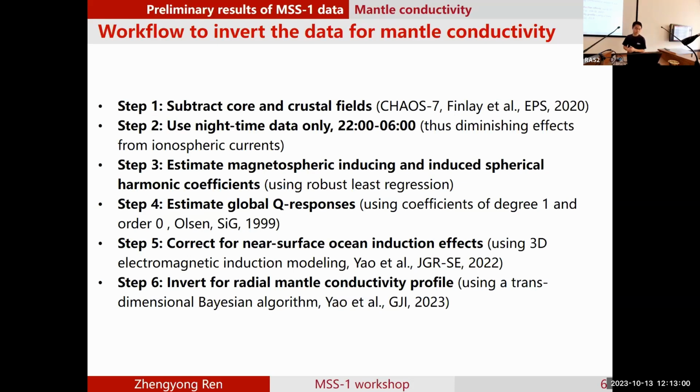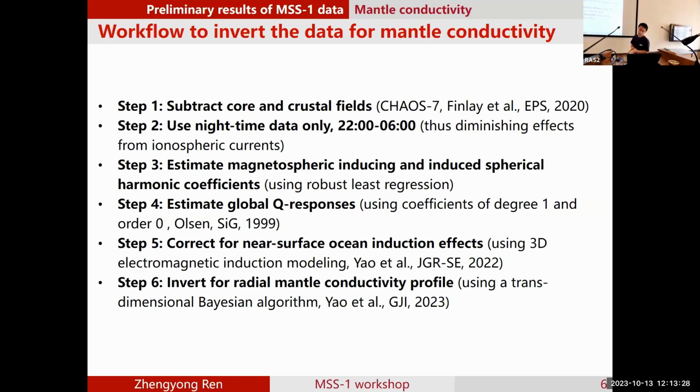First, we subtract the core and crustal fields, and we also use nighttime data only to obtain the magnetospheric fields. Second, we estimate the magnetospheric inducing and induced spherical harmonic coefficients. Then we estimate the frequency domain Q response, which is sensitive to the mantle conductivity profile.